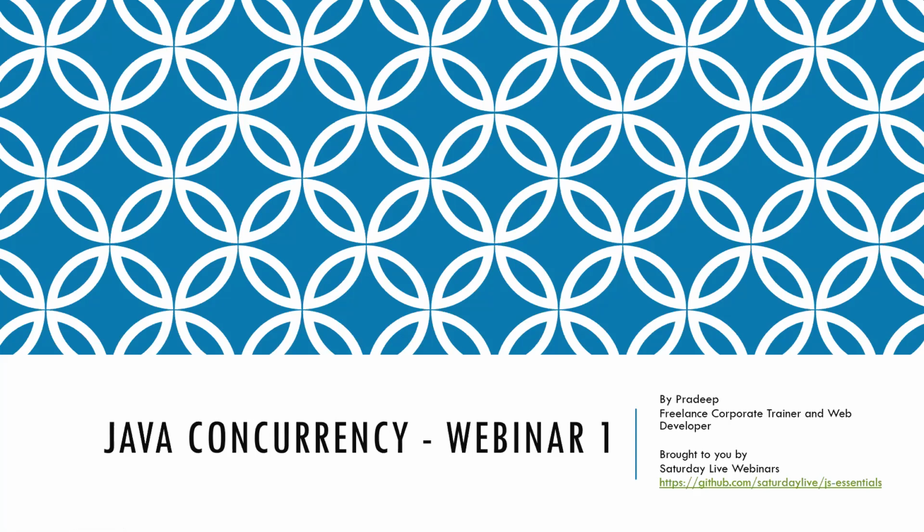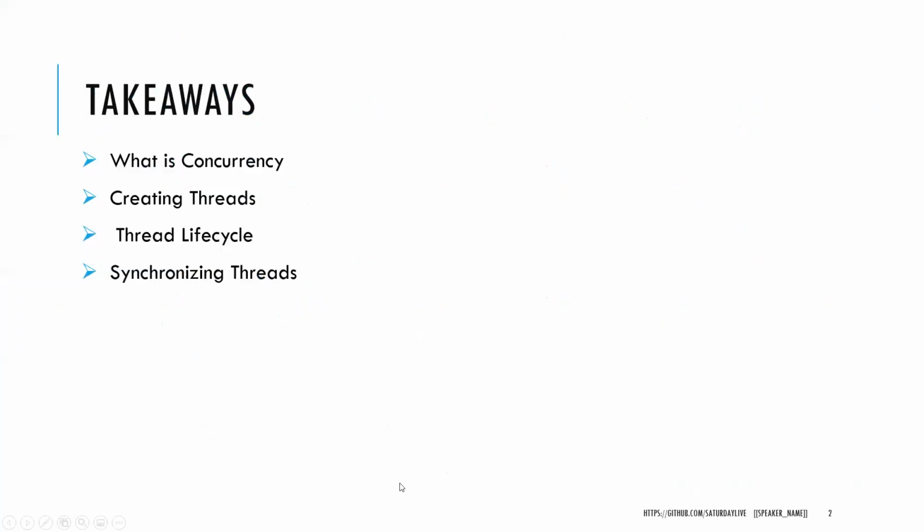Okay, so this is webinar one on Java concurrency. So what are the takeaways? The agenda for this particular session: we are going to understand what is concurrency. There are a few other related terms like parallelism, and we are going to understand the differences between concurrency and parallelism.